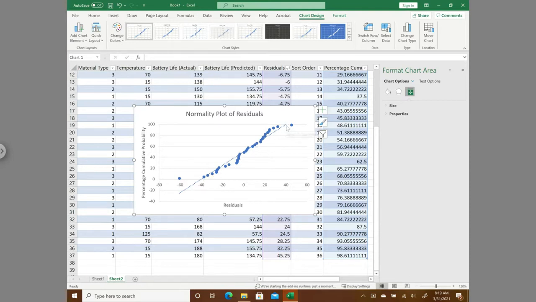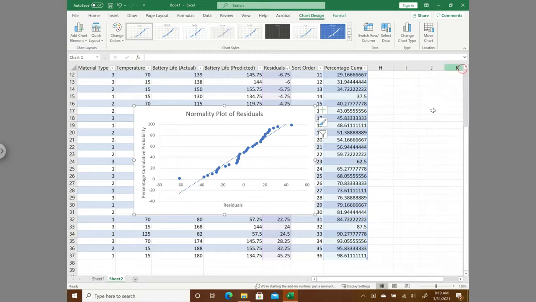If we put a very thick pencil on this line, all the points should hide under that pencil. When that happens, we can say that the normality assumption on residuals is checked, is validated. The residuals are truly normally distributed.